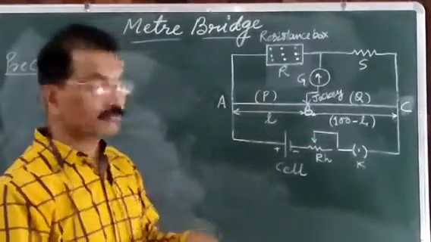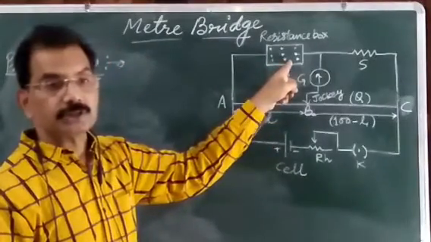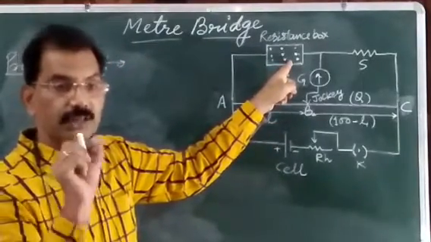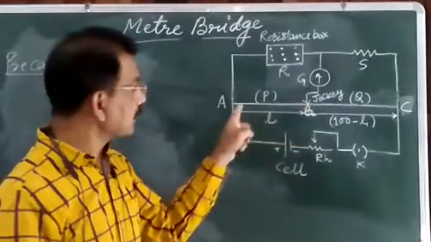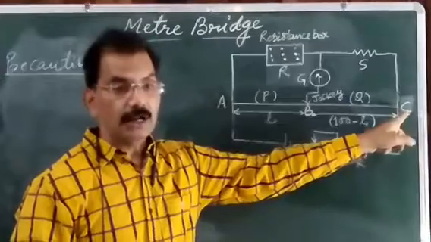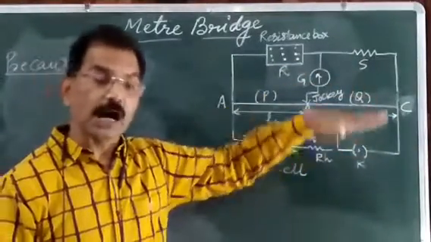So the first precaution is that the resistance taken from the resistance box is always chosen in such a way that the null point is obtained in the middle of this wire AC, and in this case the error in this experiment will be least or minimum.